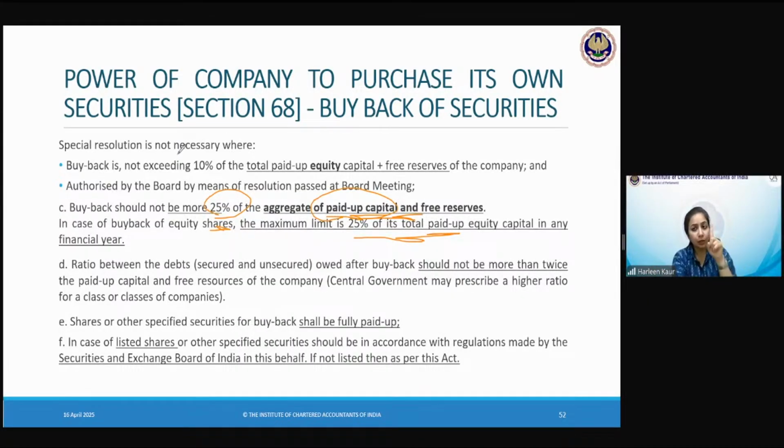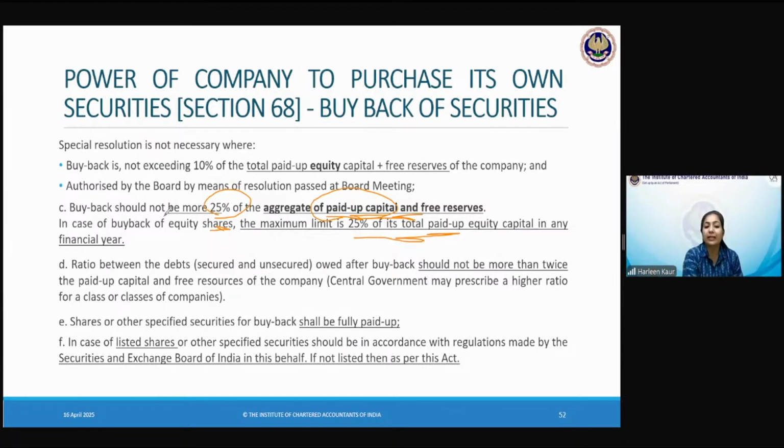No SR required if it is less than 10% of the paid up equity and free reserves. Board resolution is required. Maximum limit is 25% of the total paid up share capital and free reserves, but for equity shares, it is 25% of the total paid up equity.